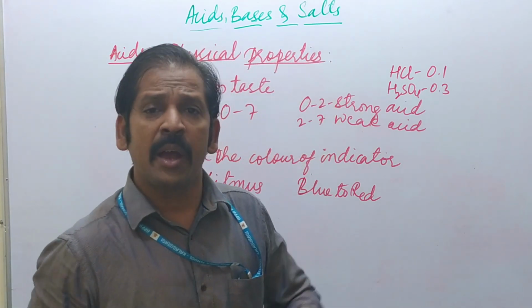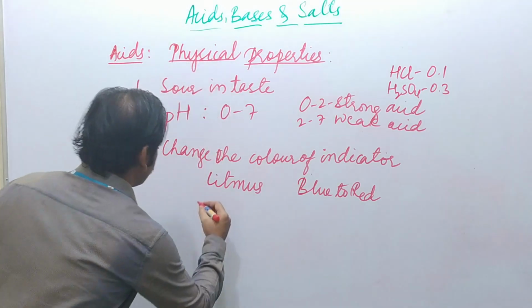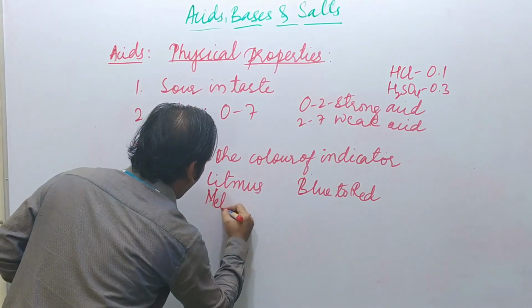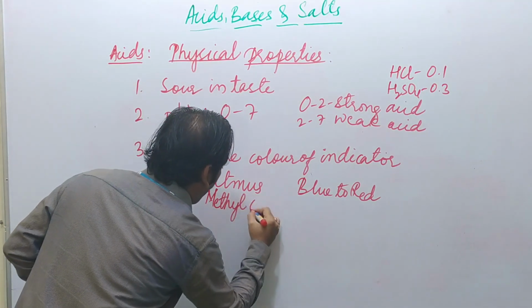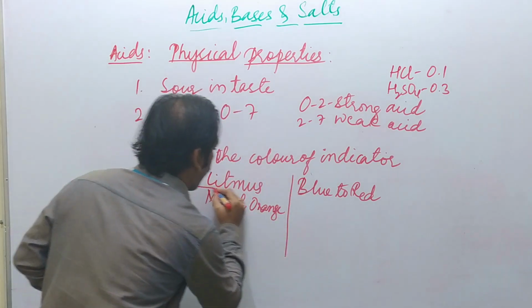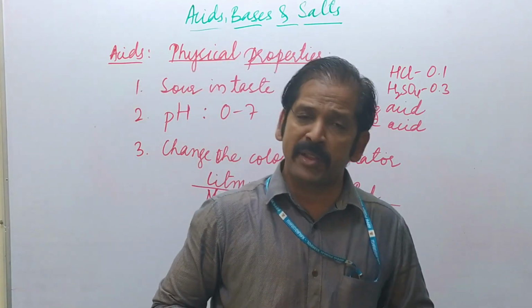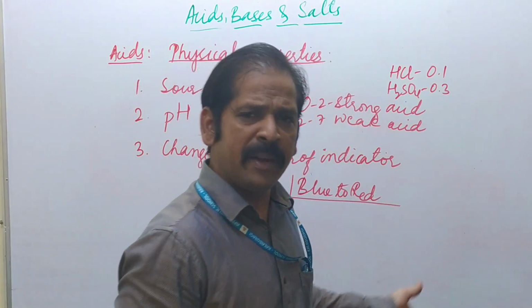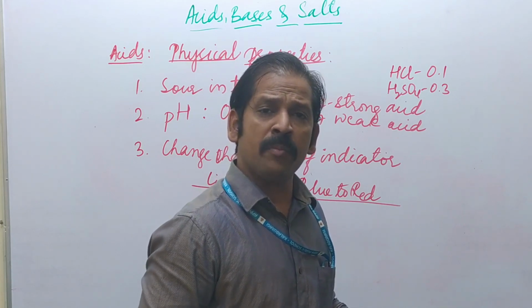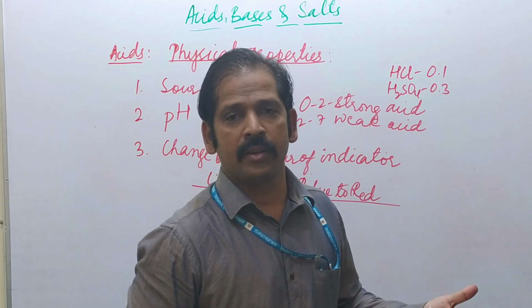The second chemical is methyl orange, the second indicator. In the acidic medium, it turns from orange to pink.